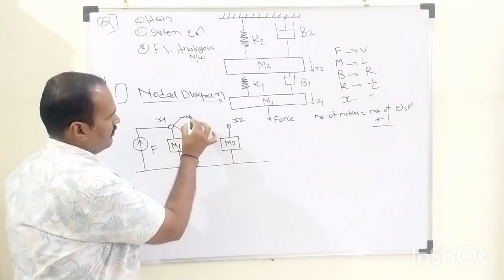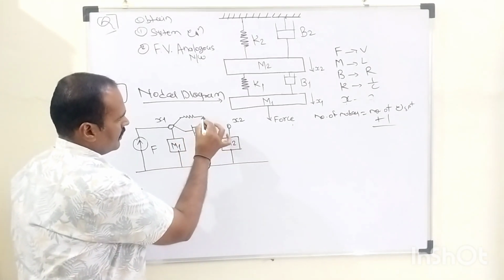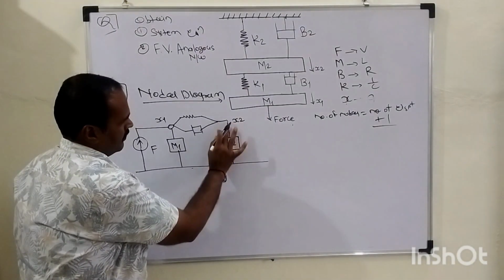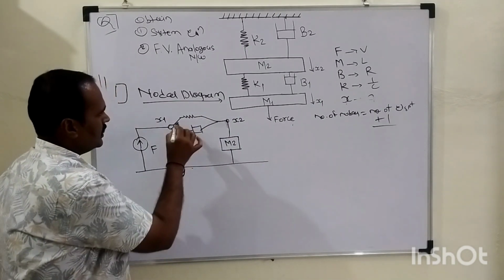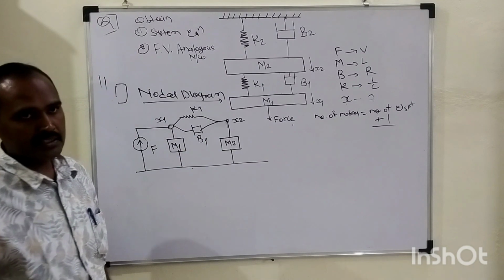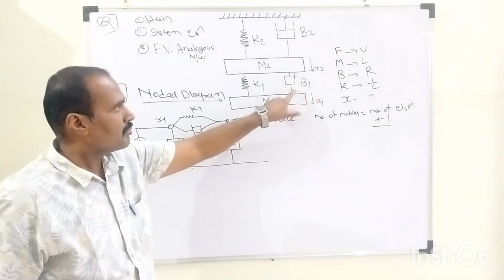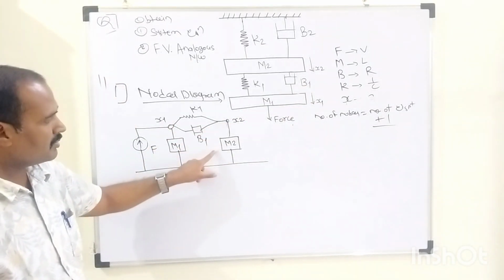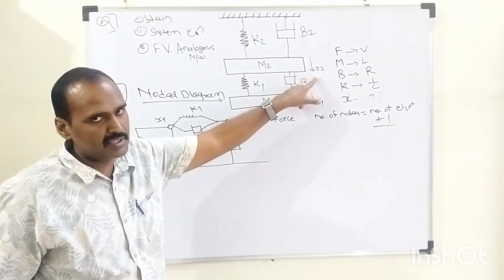This will be K1 and this will be B1, and this is x2. K1 is connected in between x1 and x2, and B1 is also connected in between x1 and x2. What about M2? M2 is associated with the reference axis and displacement number 2.